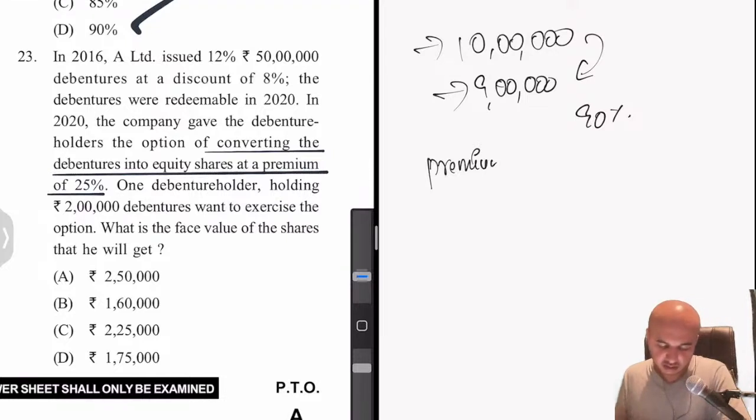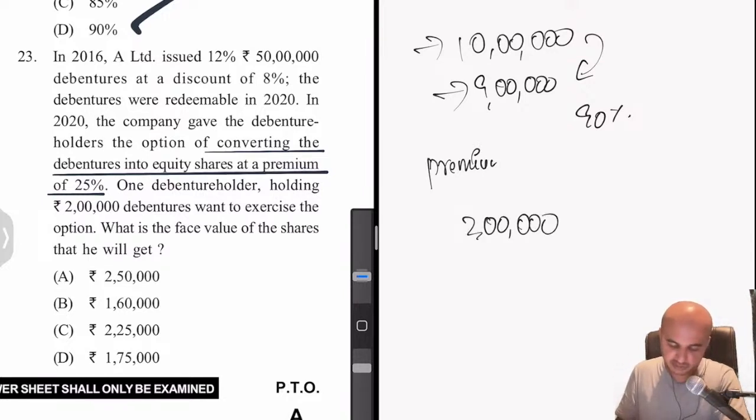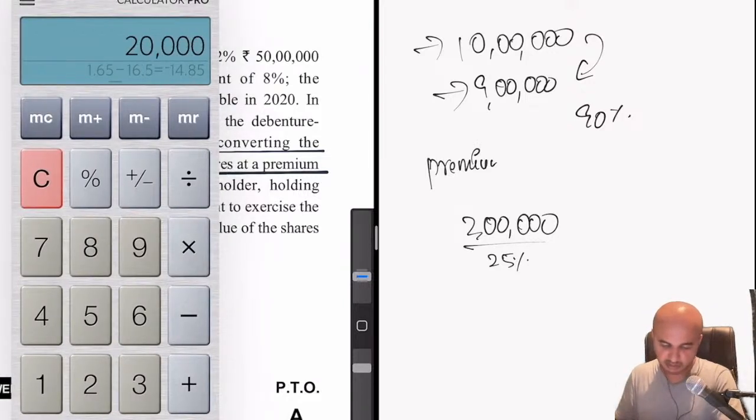So at a premium of 25% means you won't get everything. You will have to settle for something less than what you have paid for. So even though the face value of the debentures which is being converted is 2 lakhs, because they have mentioned one debenture holder holding 2 lakh debentures, now if I divide this by 25%, how much will I get?